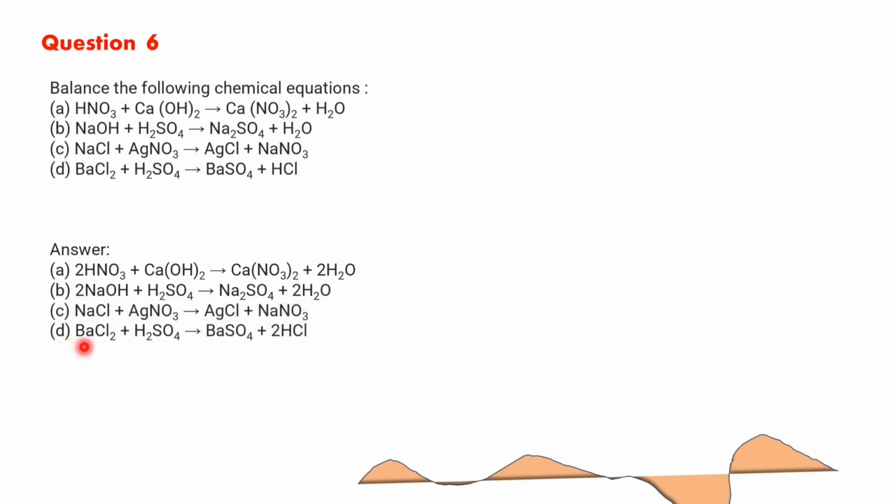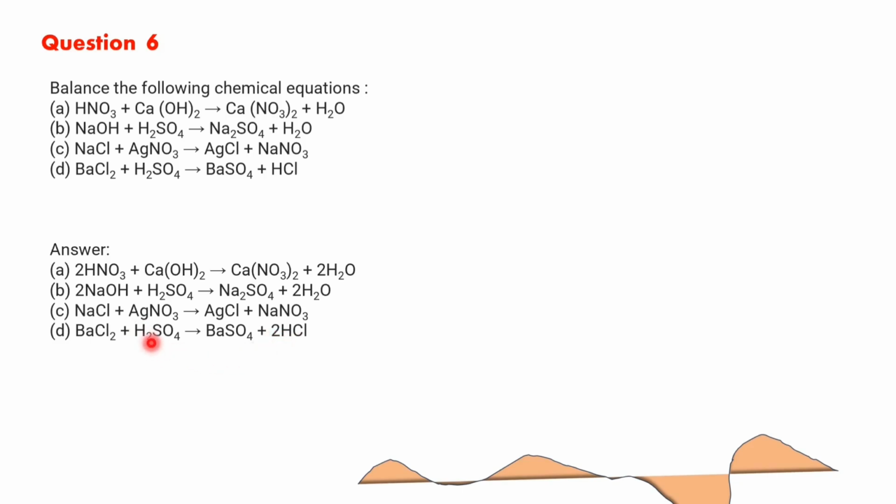Now the fourth one, barium. If we consider the reactant side, it has only 1 atom, and the product side also has only 1 atom. Chlorine 2 atoms, and here also chlorine 2 atoms. Hydrogen 2 atoms, and here also hydrogen 2 atoms.